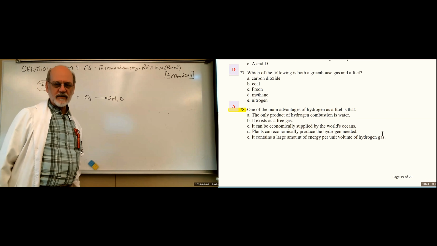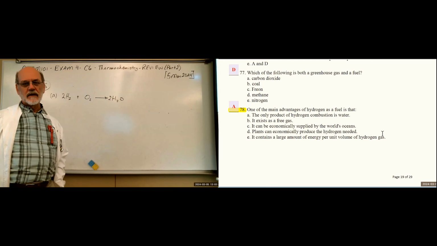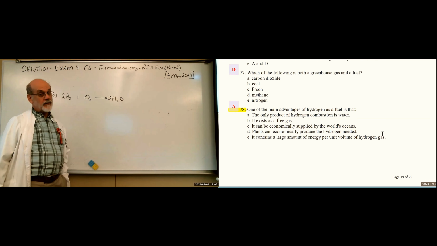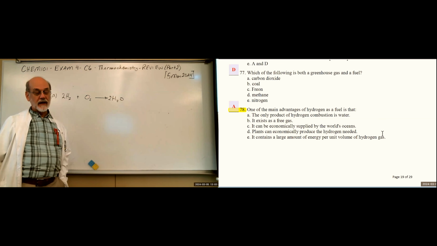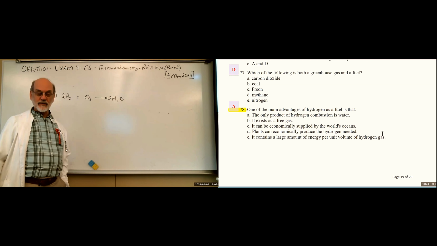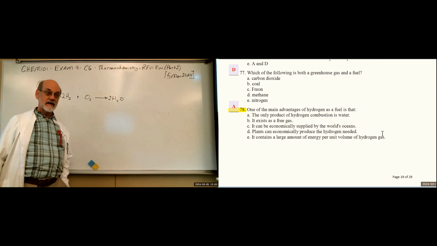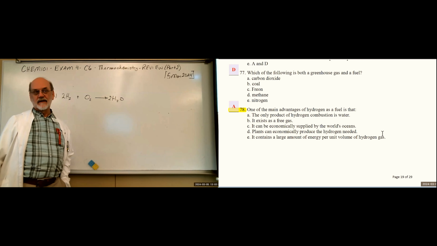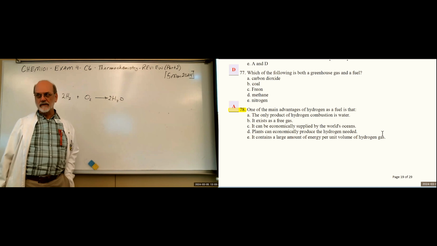It can be economically supplied by the world's oceans. It can be supplied by the world's oceans, but economically not yet. In order to do that, you need a cheap source of energy that is non-polluting. It doesn't produce any carbon. And that's not what we have these days. What they need is nuclear power.